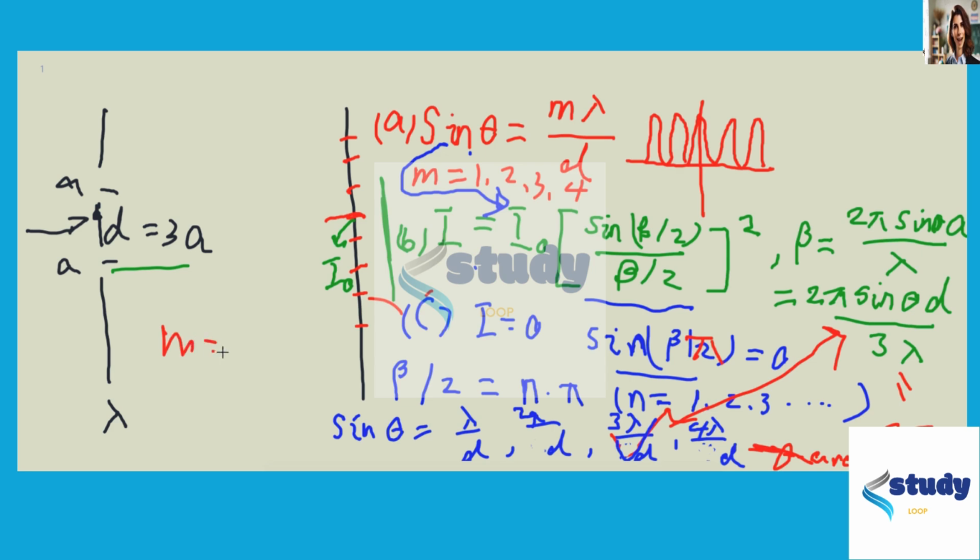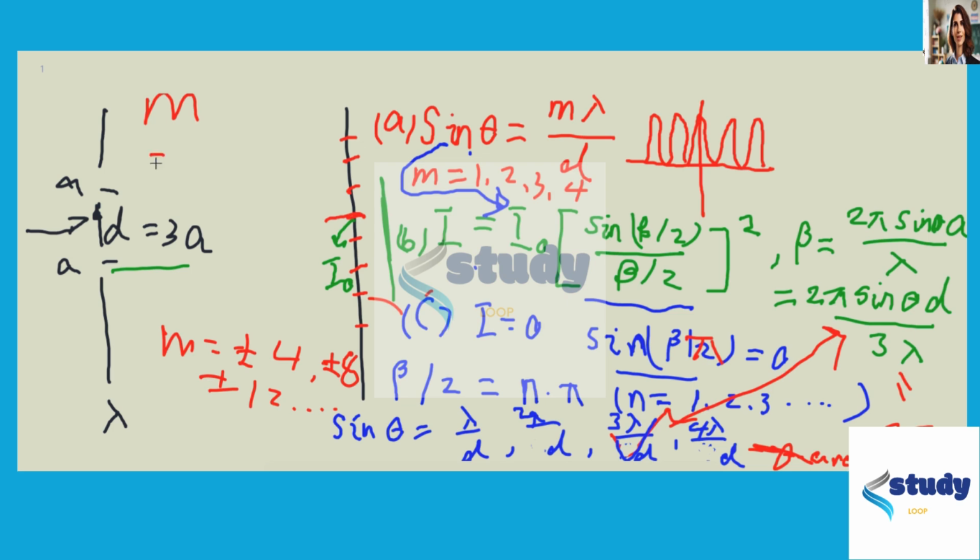Like m equals plus or minus 4, plus or minus 8, plus or minus 12, etc. But for our case, every third maximum at the side will be missing.